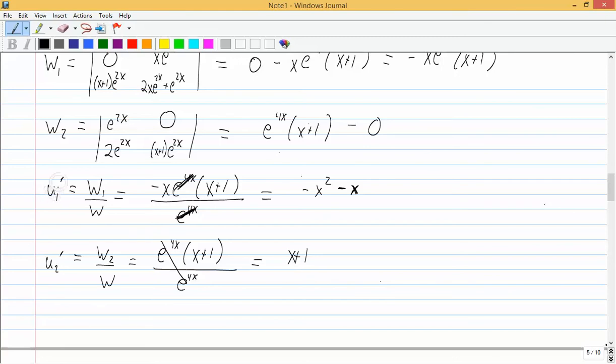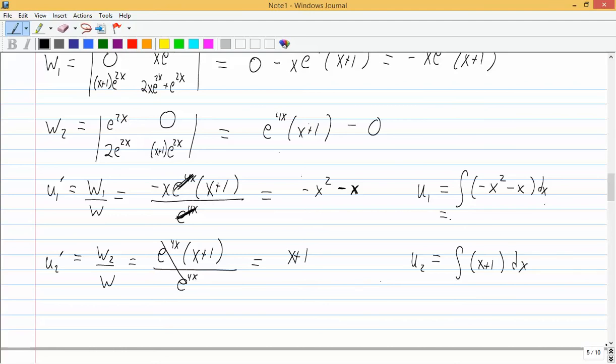Now from this, I told you this is the formula for u sub 1 prime. This is the formula for u sub 2 prime. We want to get u sub 1 and u sub 2. So if you integrate this, it's going to be the integral of negative x squared minus x and the integral of x plus 1.